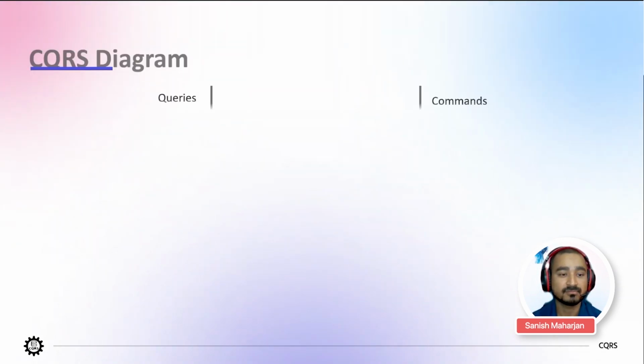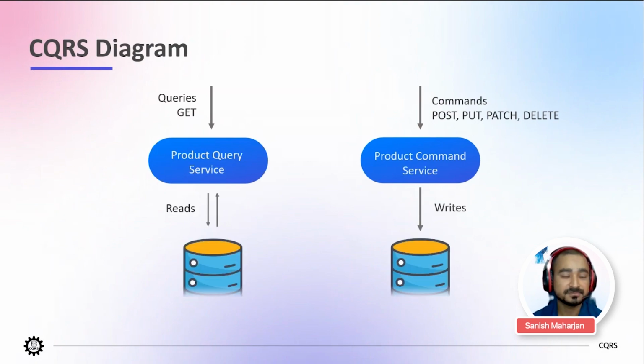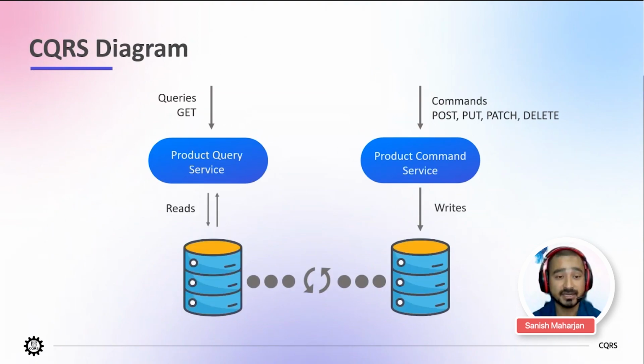But before that, let's see this diagram. This is a CQRS diagram. So here on the right, you can see there's command. On the left, there is a query, right? On the command side, you can see a POST, PUT, PATCH, and DELETE HTTP request being sent to a product command service. Let's take an example of an e-commerce website.